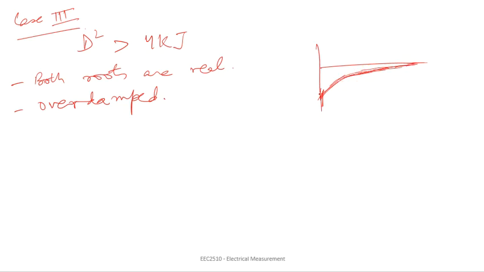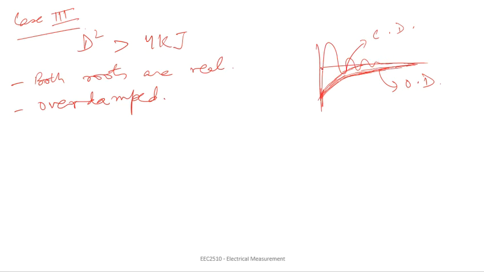If you compare it with a critically damped system, the critically damped system will reach the response much quicker. So this is critically damped and this is overdamped. You can see that the critically damped system will reach the response faster than the overdamped response. And what about the underdamped system? The underdamped system will have certain oscillations before settling down to the final value.